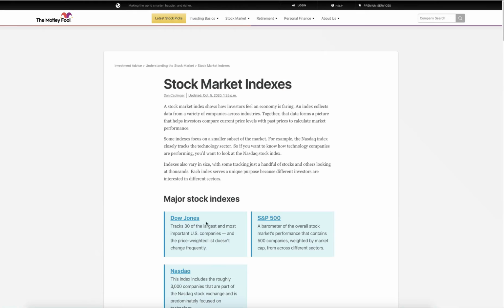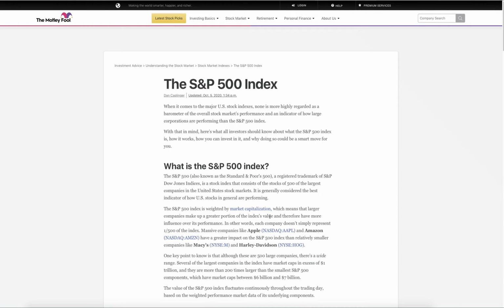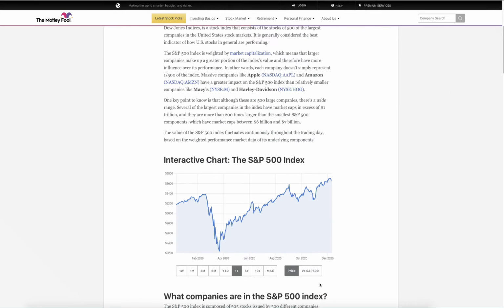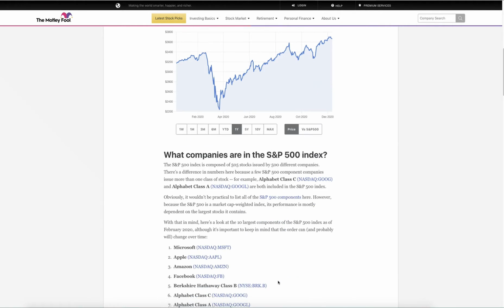So the next one, the S&P 500, one of my favorites. The S&P 500 consists of the 500 of the largest companies in the United States stock market. So 500 of the largest. Instead of 30, we got 500.